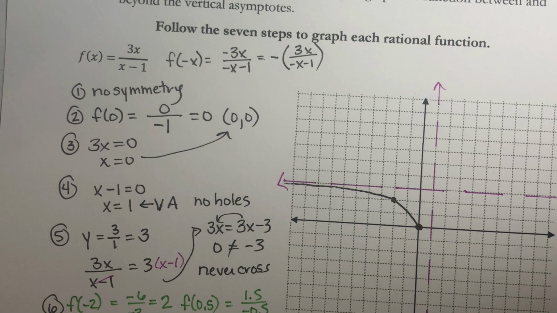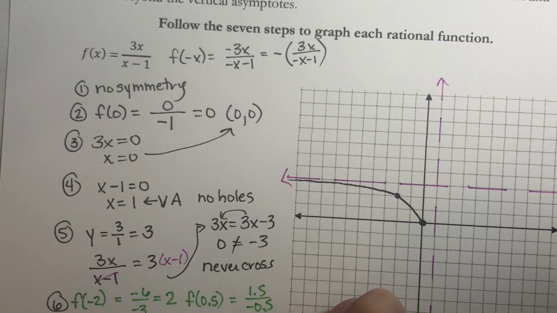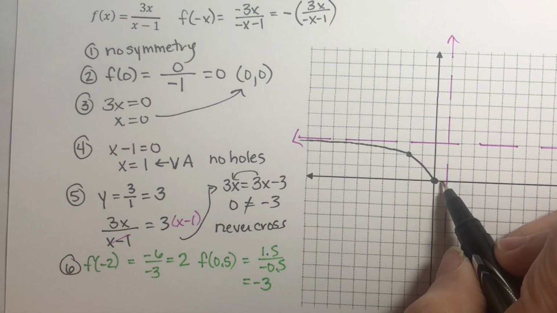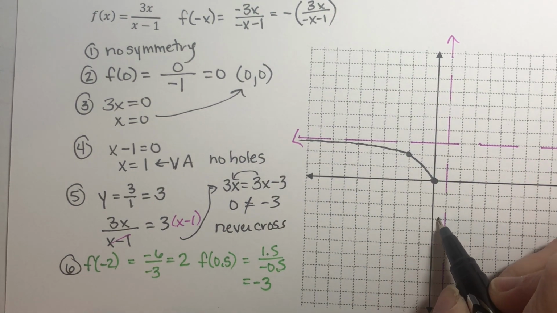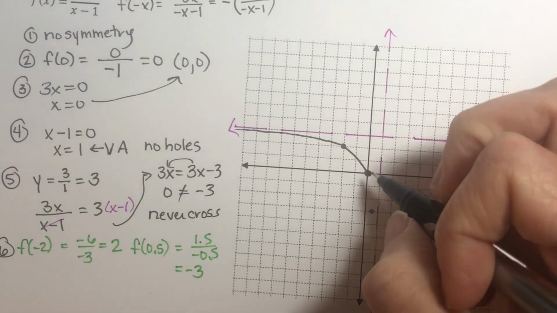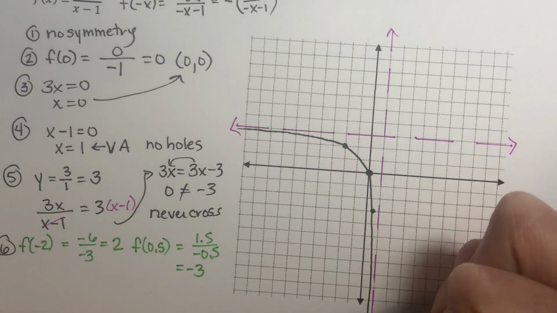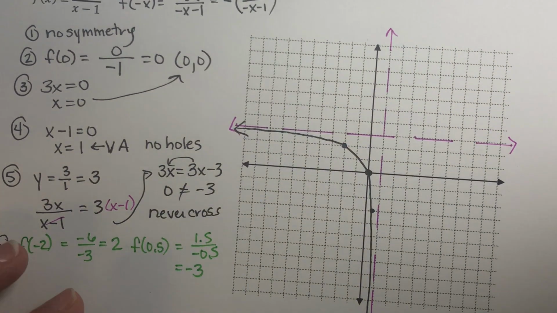And what would that be? It's negative 3. So at 1/2, I get negative 3, which does force my graph to come down like this. Okay, so that's one side of my graph.